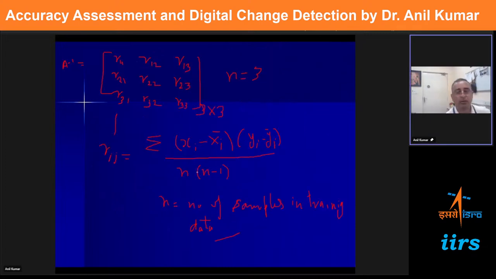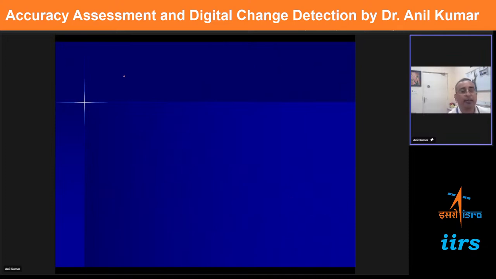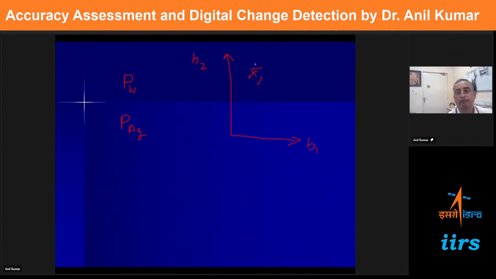So if you're expecting, suppose, 2 classes, and you get the probability of water and the probability of agriculture for the same pixel, here again you can draw the B1 band axis and B2. You can plot the x bar j here, and you can give the name water, and this is for agriculture.